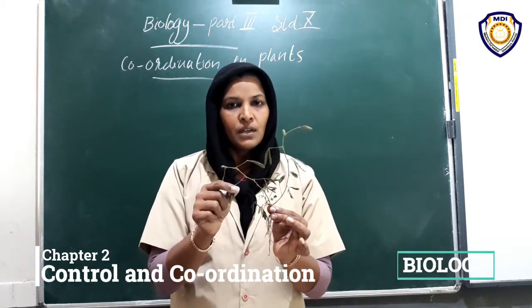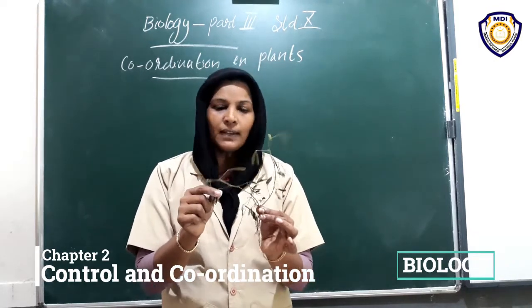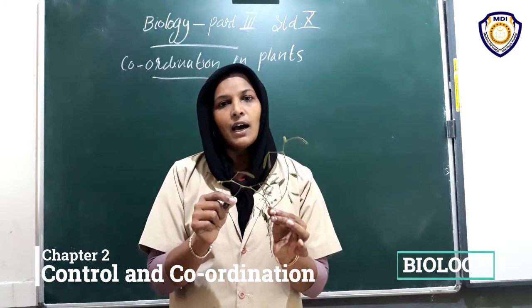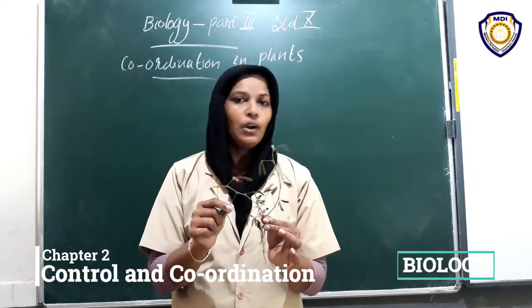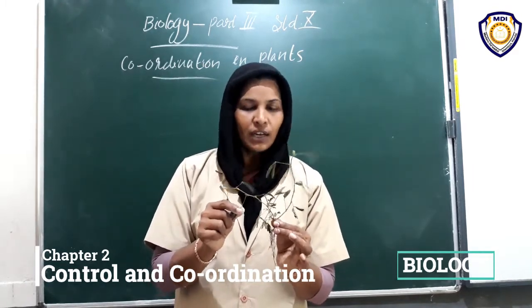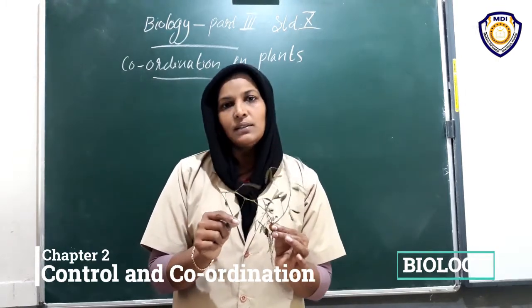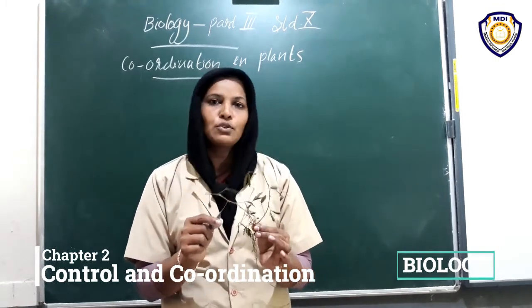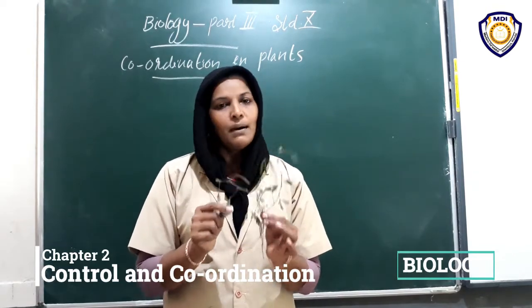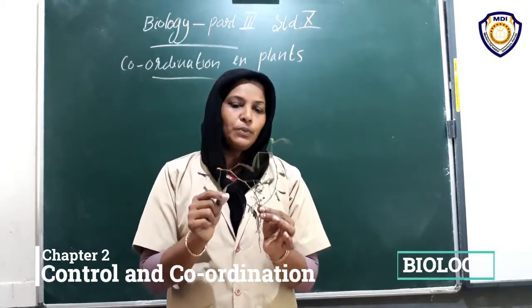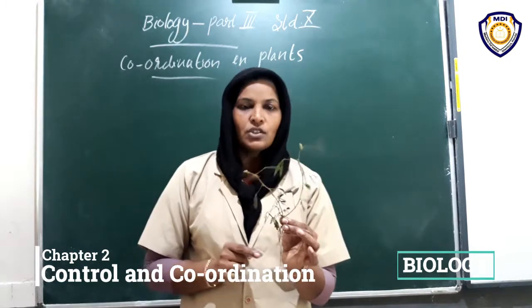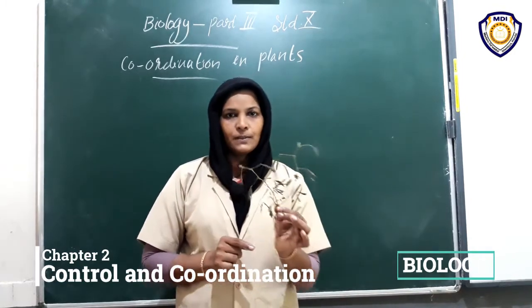Are you clear? These plants have no nervous system and muscular system to control and coordinate touch. You know that we have studied that animals have proteins that help in movements, helping muscles to shorten, hence they move. But in touch-me-not plants, when we touch, they show their responses.